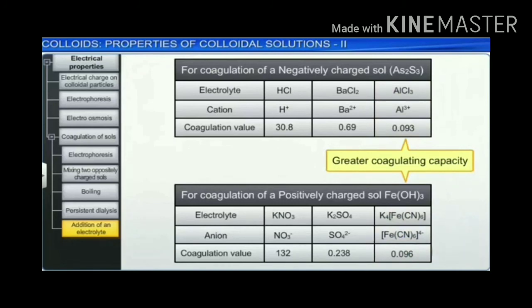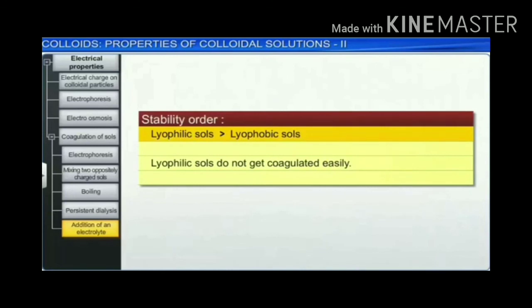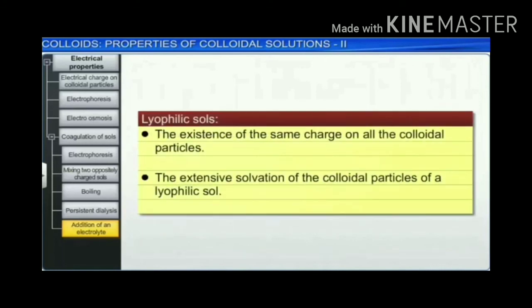Lyophilic sols, on the other hand, are much more stable than lyophobic sols and do not get coagulated easily under similar conditions. The two factors responsible for the stability of lyophilic sols are the existence of the same charge on all the colloidal particles and the extensive solvation of the colloidal particles of a lyophilic sol.